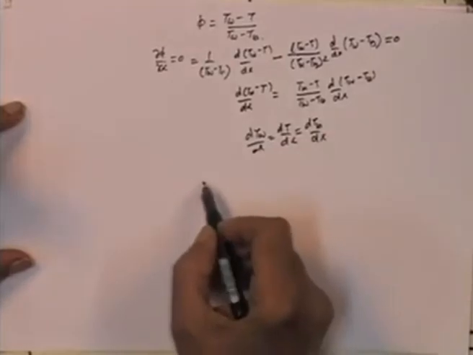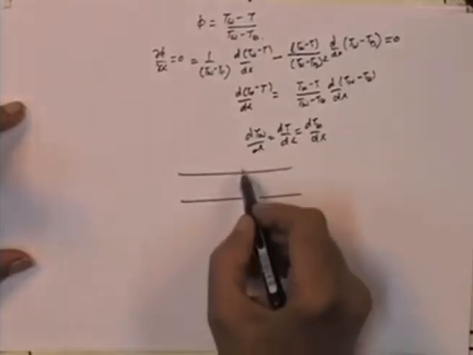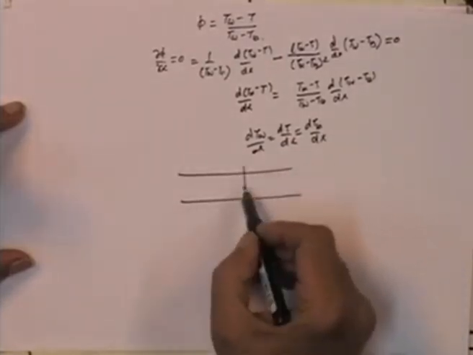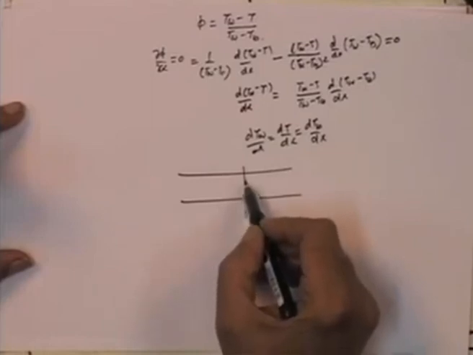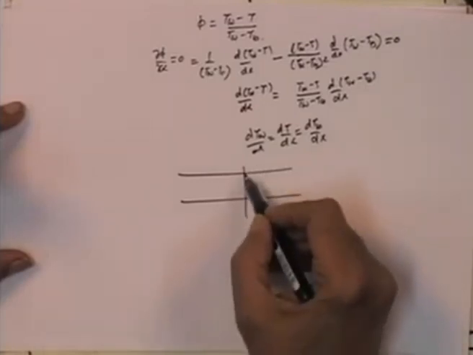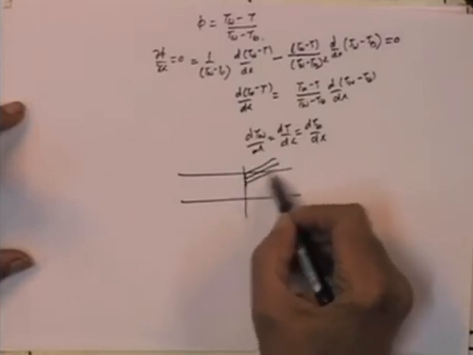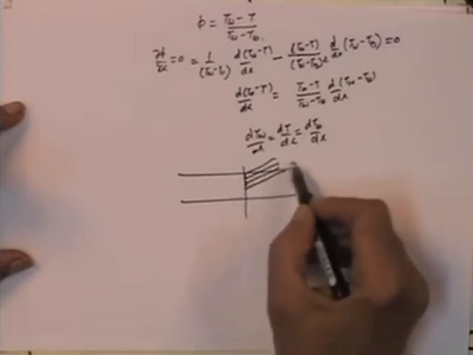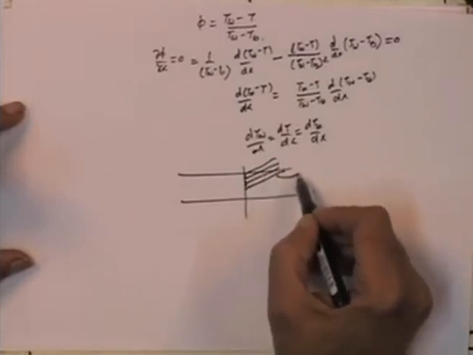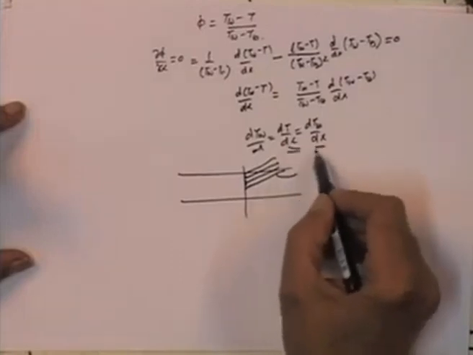The implication is that once fully developed flow is reached, temperatures at all radii increase constant with x, and at all radii dT by dx is equal to simply dT bulk by dx.